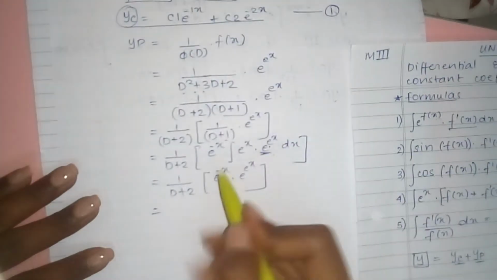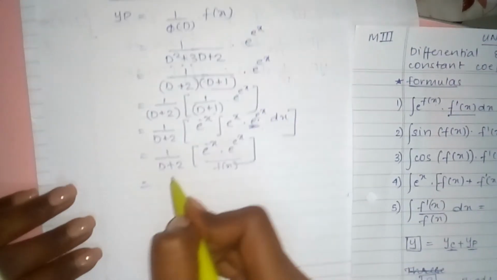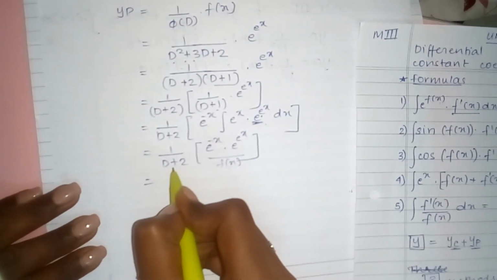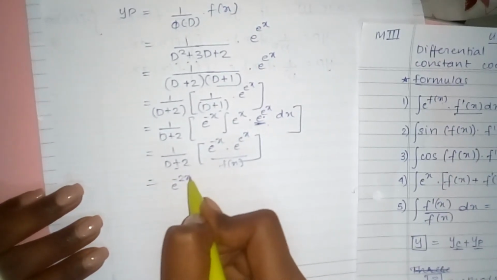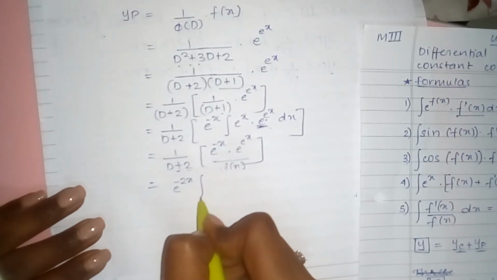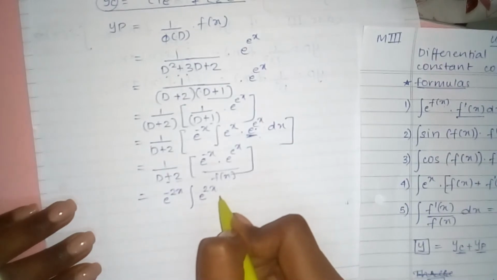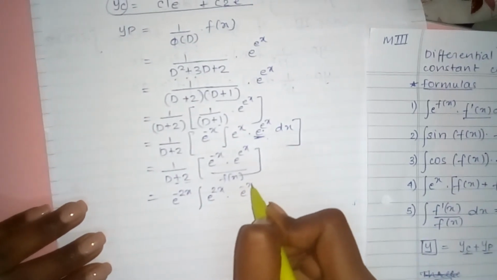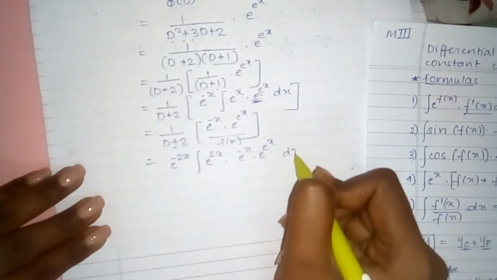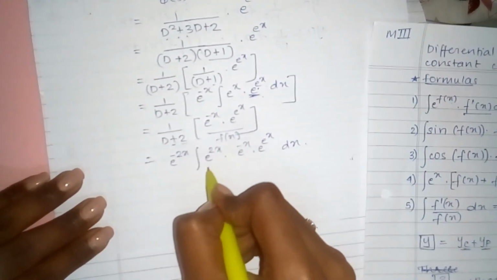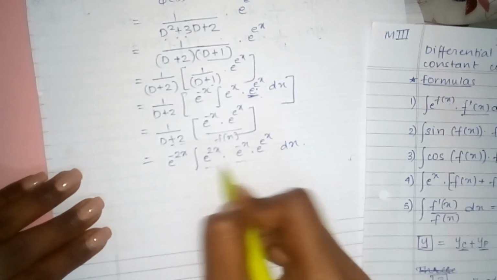Now again we'll take this as f of x. So we can start solving again. So we have plus over here. So we can write e raised to minus 2x. 2 is m. So integration of e raised to plus 2x into f of x, that is e raised to minus x into e raised to x dx. Now we can see that when it is a multiplication, both can add.